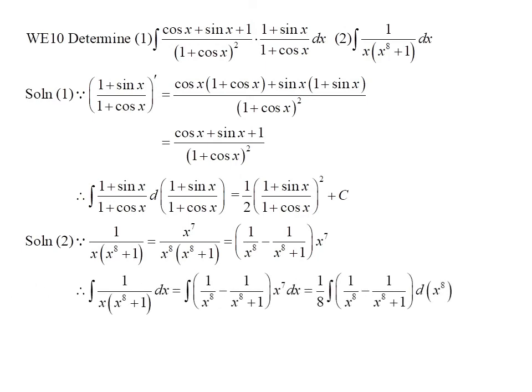Hence, the antiderivative can be written to the integral of 1 over x to the 8th minus 1 over x to the 8th plus 1, or in parentheses, times x to the 7th dx, which is written to 1 over 8 times the integral of 1 over x to the 8th minus 1 over the sum of x to the 8th plus 1, or in parentheses, dx to the 8th, which equals 1 over 8 times ln of the ratio of x to the 8th to the sum of x to the 8th plus 1 plus c.